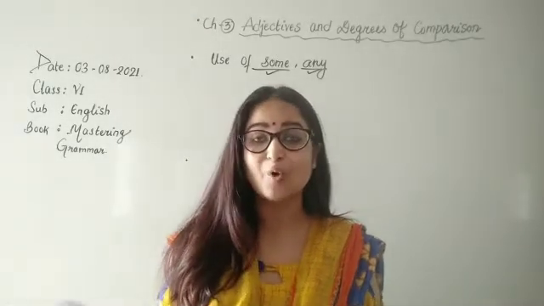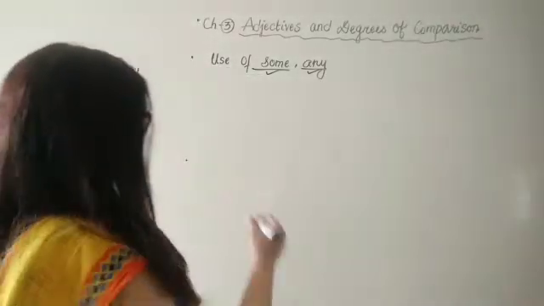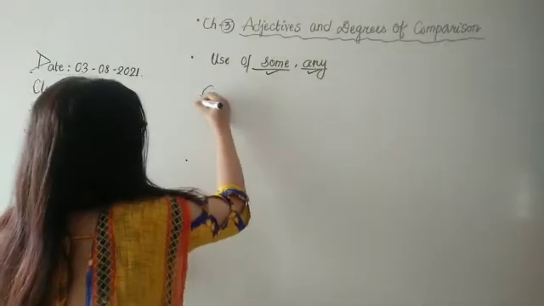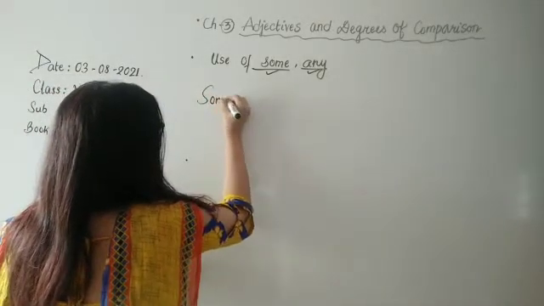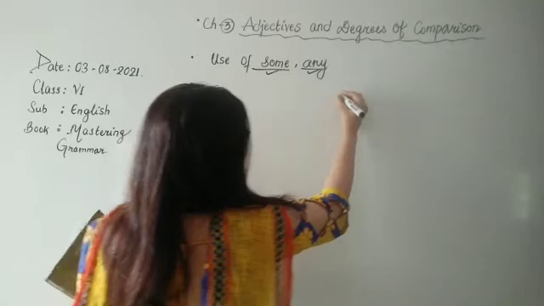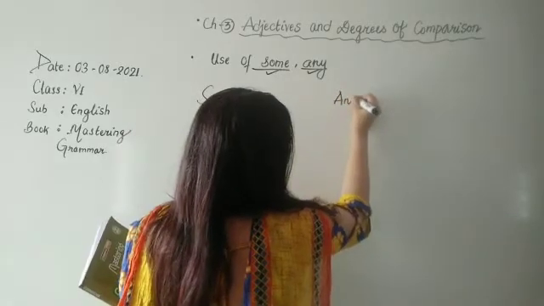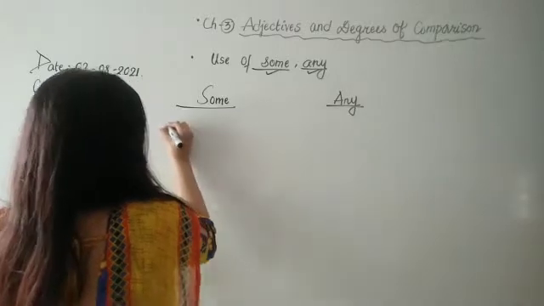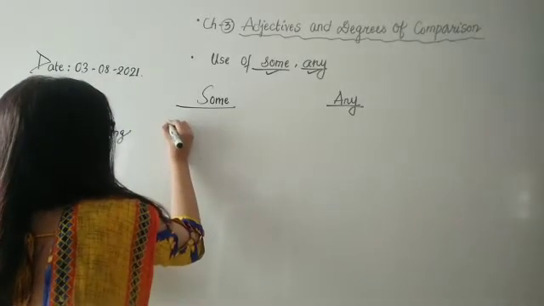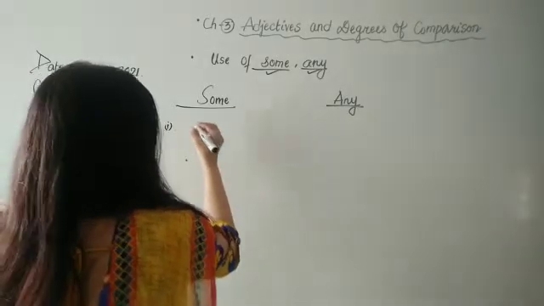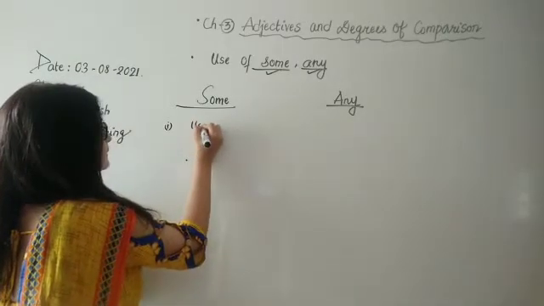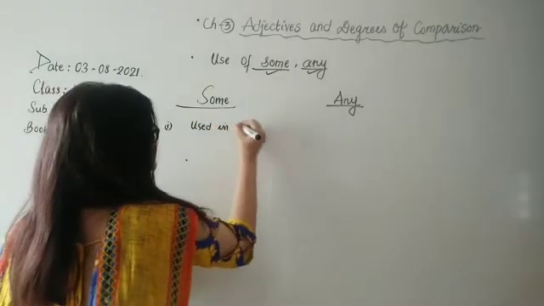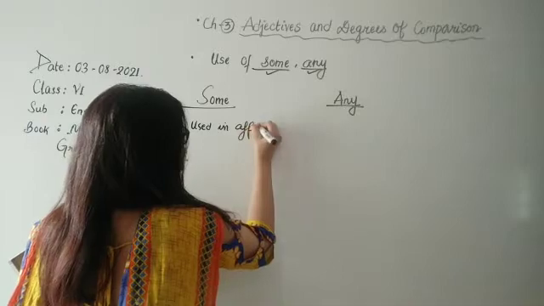So for some, let's understand the difference here. Some is an adjective of quantity and any is also an adjective of quantity. Now for this one they are saying that this is used in affirmative sentences. Yes?